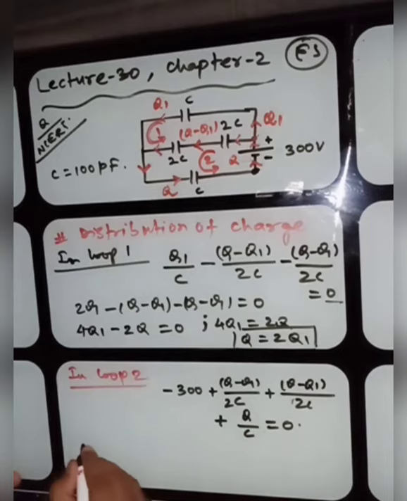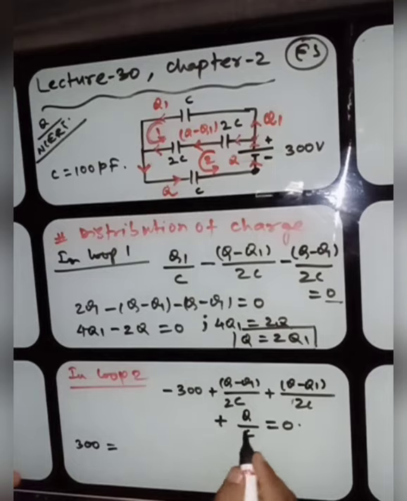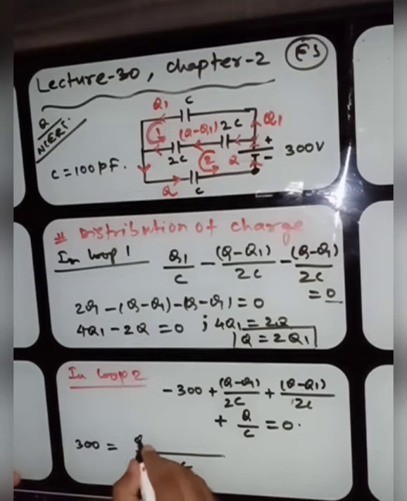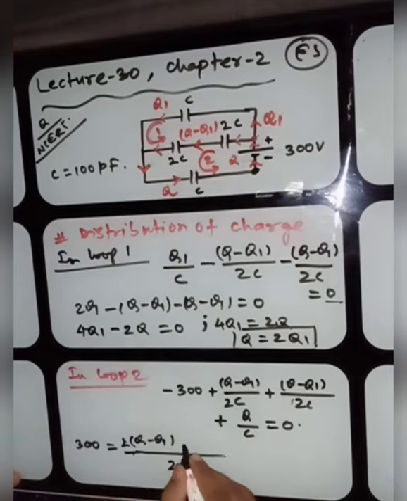Now simplify this equation, and this will be another equation for you. How much is it? 300 equals, the LCM will again be 2C. So it is Q minus Q1 here and here also, so multiply by 2, plus the 2Q.